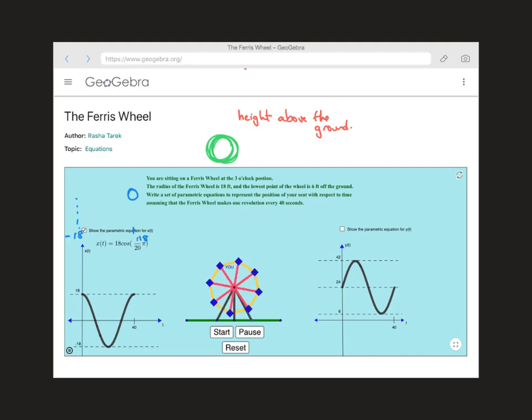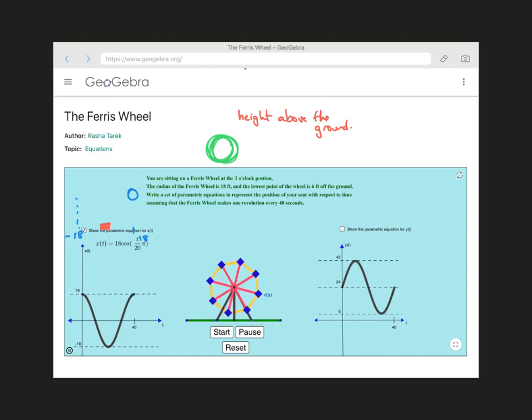So this is the center of the little platform that you get onto to get onto the Ferris wheel, the center of the platform. Whereas the other graph over here is measuring the height of the carriage above the ground.